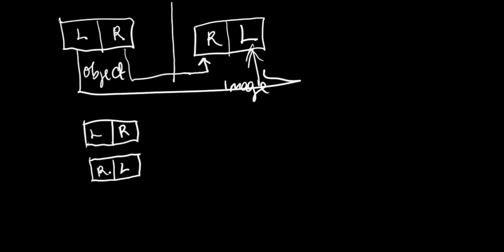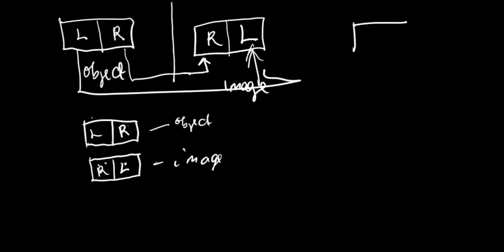Now notice that we can't superimpose these two. This is the object and this is the image. We can't superimpose the image over the object because of the lateral inversion, because L would be over R, and R would be over L, so they can't be superimposed.